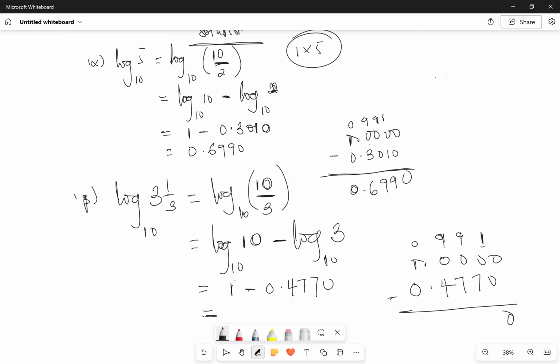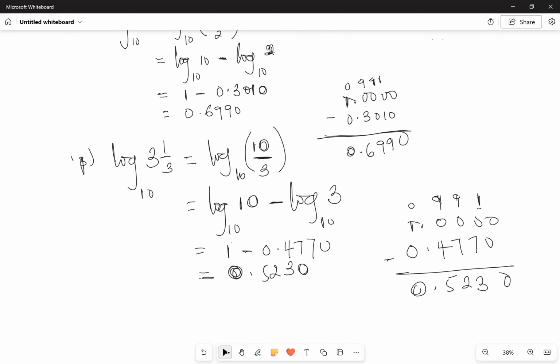Then here becomes 10. 10 minus 7 is 3. 9 minus 7, 2. 9 minus 4 is 5. 0 minus 0 is 0. So the result is 0.5230. If you put this on a calculator, you get the same. If you put log 3 whole number 1 over 3 base 10 on a calculator, you get this result.